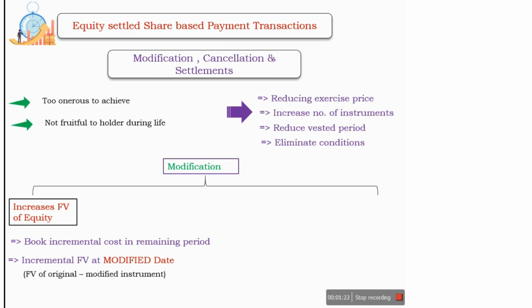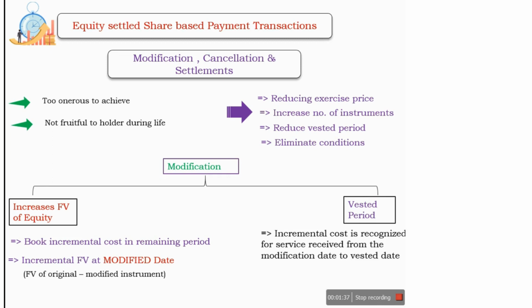So the difference of both of the instruments will be called an incremental fair value at the modified date. In case vested period is changed, in that case incremental cost is recognized for the services received from the modified date to the vested date.